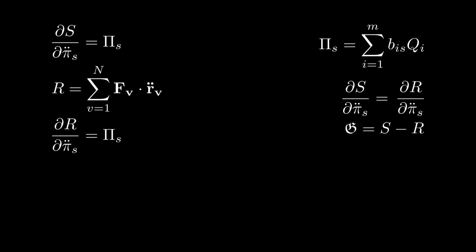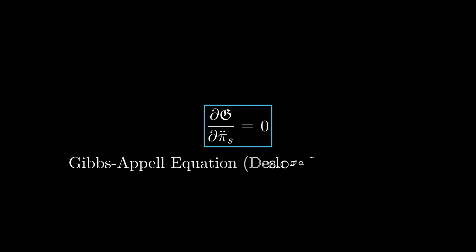Let's define the Gibbs function to be the difference between S and R. It follows that if you take the partial derivative of G with respect to pseudo-acceleration, you just get 0. This is the Gibbs-Appell equations of motion as reformulated by Edward Desloge in the late 80s.